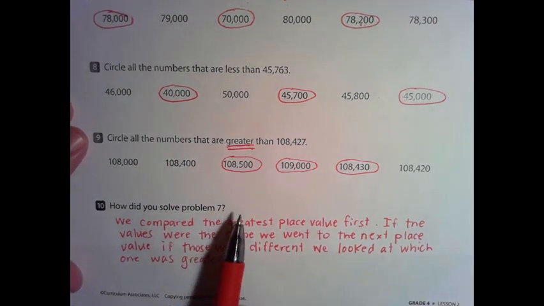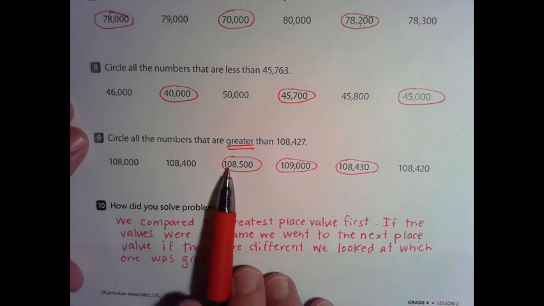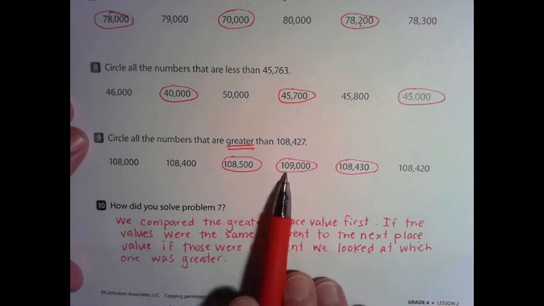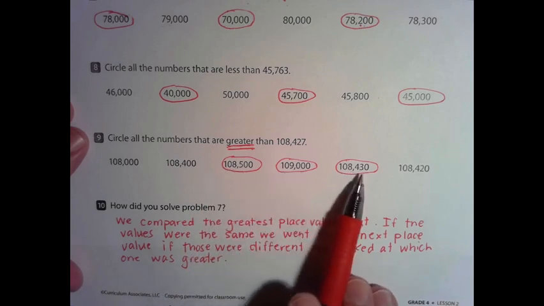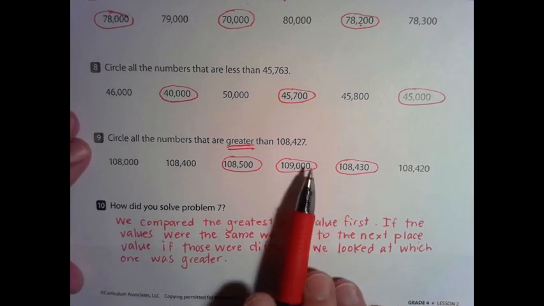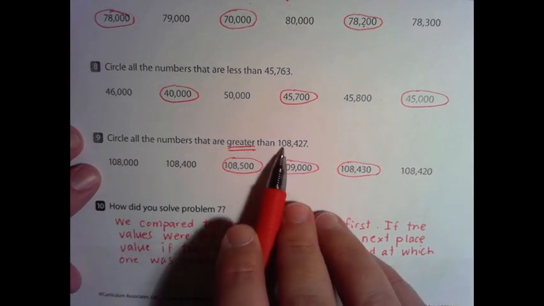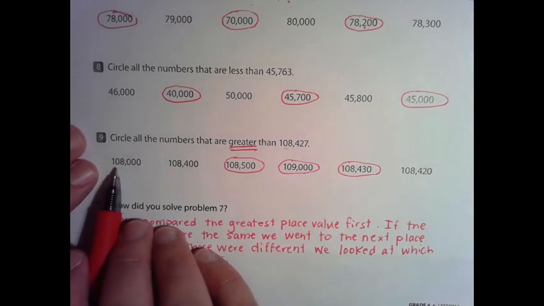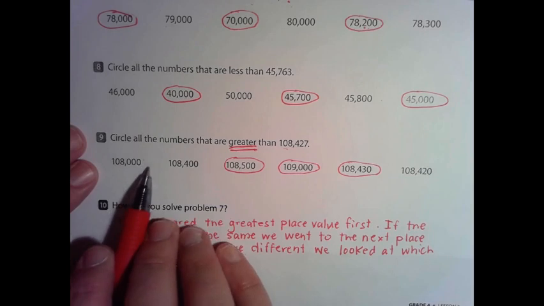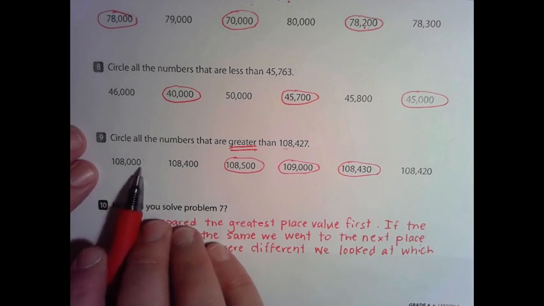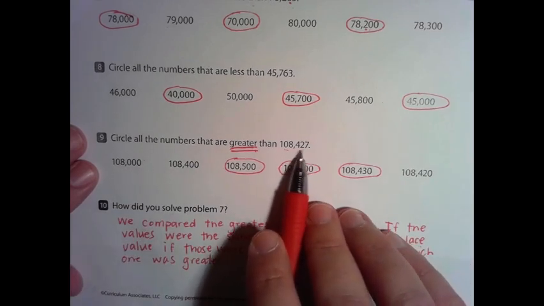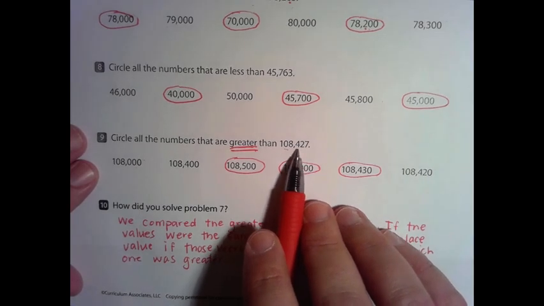So the greater ones in this case were 108,500, 109,000, and 108,430. So if I'm looking at these ones, now we're in the 100,000s place. So we have 108,000, 108,000 here. We don't have any others in the hundreds, tens, or ones, but here there's 427 in our hundreds, tens, and ones.